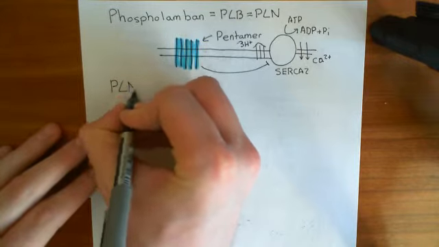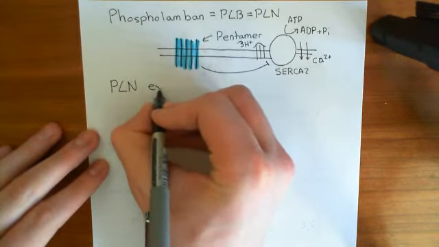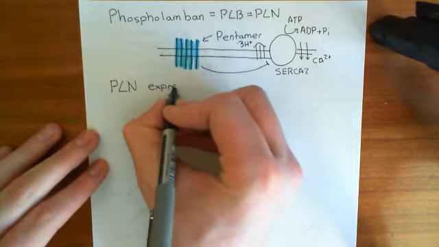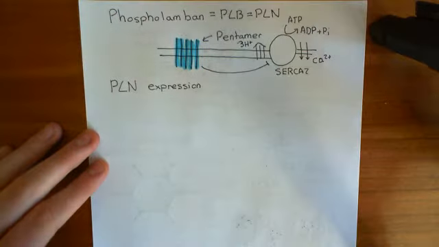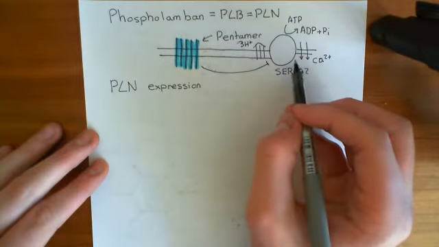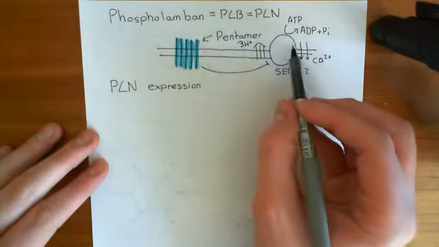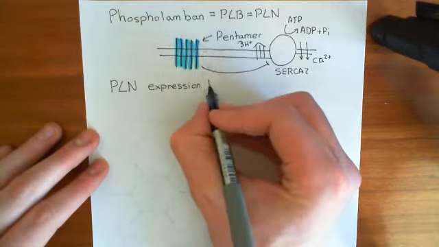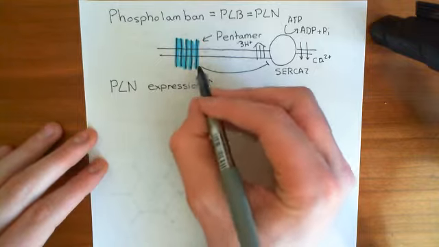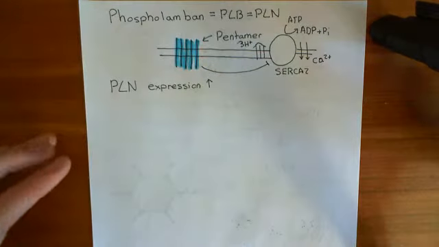So the phospholamban PLN expression is too high. So we've already seen that one of the reasons underlying SERCA2's downregulation in function is that you have just too little of it in the SR membrane. But now the stuff that you do have in the membrane is being inhibited by the too high amount of phospholamban that you have in there.